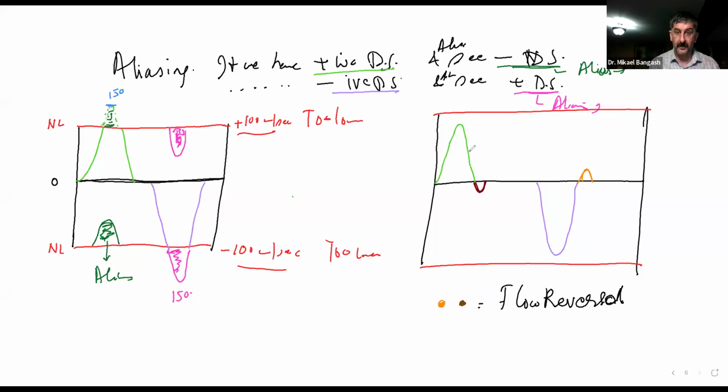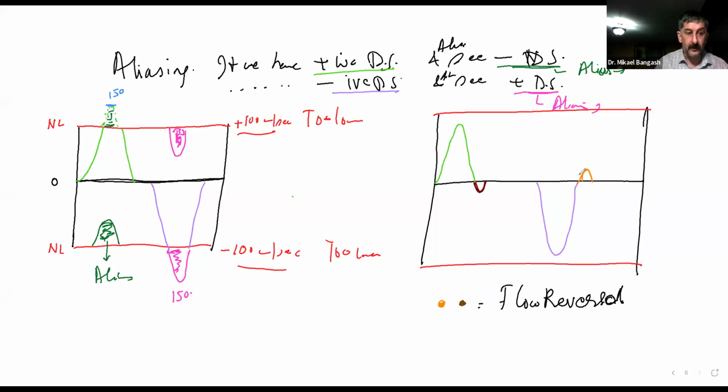But what it may actually show up as is that, yes, we had a positive Doppler shift, but along with that, there was this negative Doppler shift. We had a negative Doppler shift, but along with that, there was this positive Doppler shift.